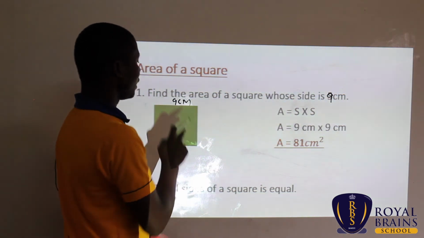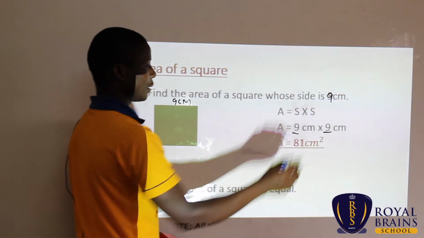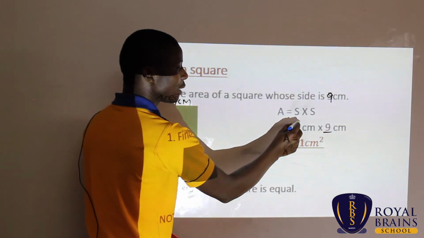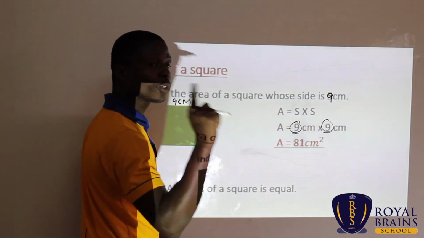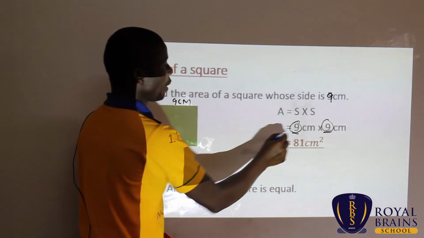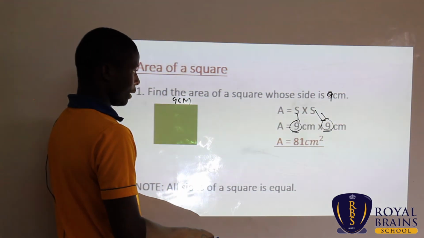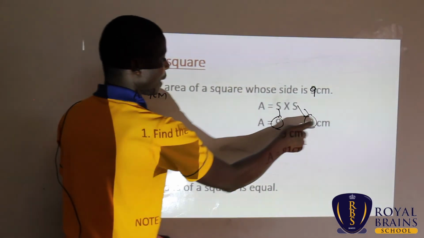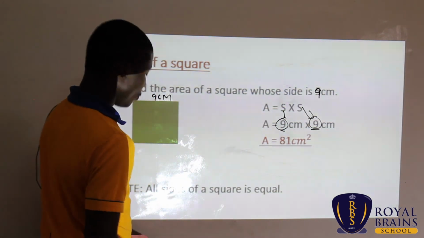So it will be 9 centimeters times 9 centimeters. You can even see, this one is 9, this one is 9. So all sides are equal and the numbers also must be the same. We have 9 representing the side, and we also have another 9 representing the other side. So 9 times 9 is equal to 81 centimeters squared.